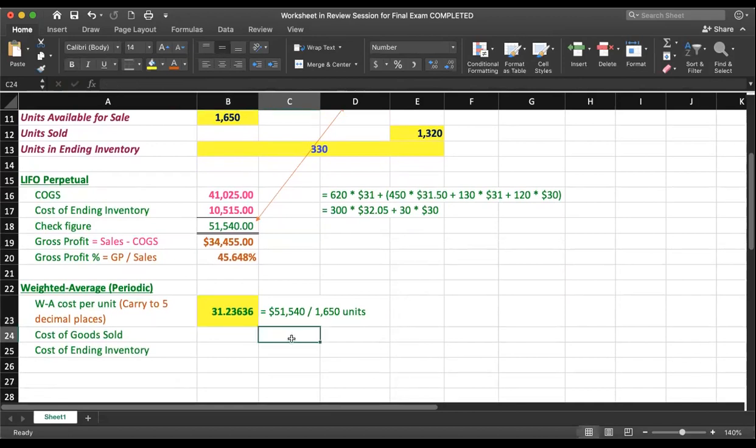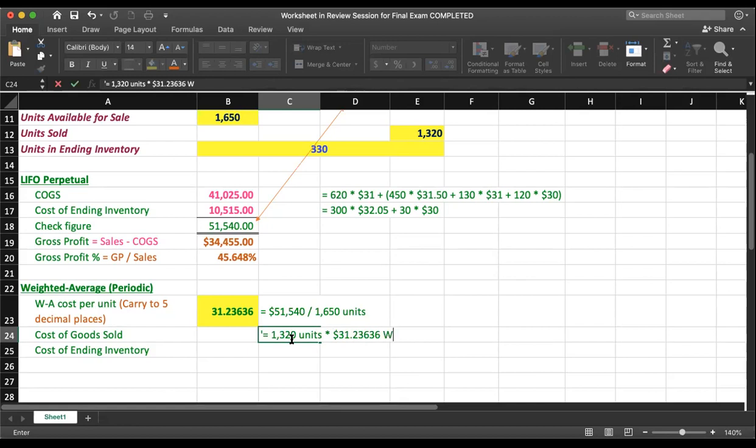So now, what's the cost of goods sold? The cost of goods sold is going to be equal to the units sold, which is 1,320 units, times the weighted average cost per unit, which was 31.23636.